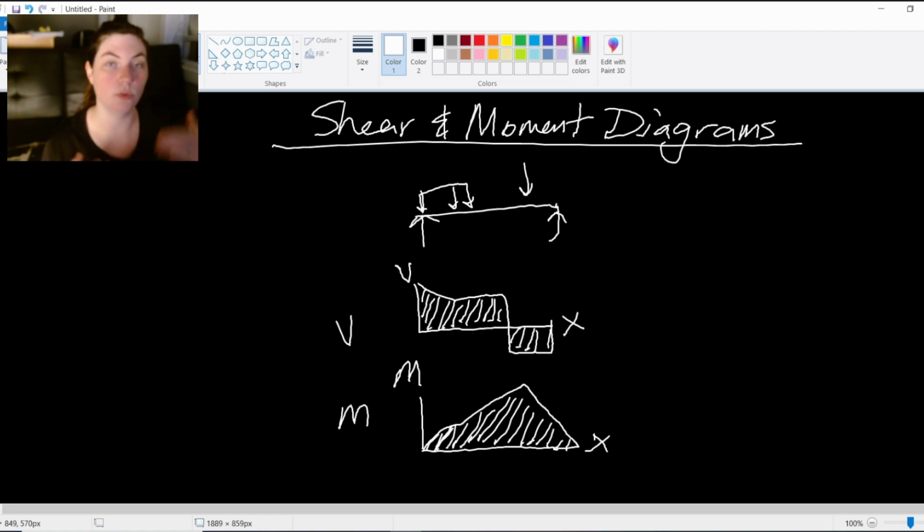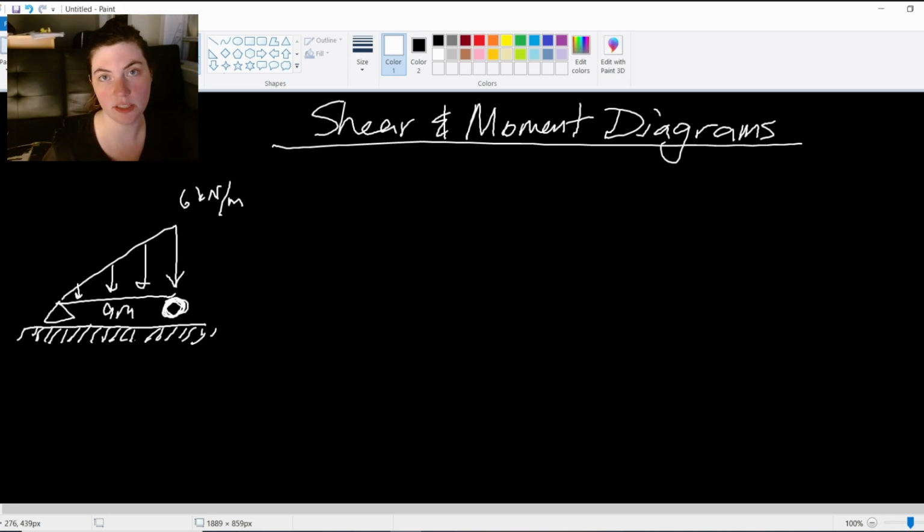So these can be really important when you're selecting beams, materials, and shapes. They all have different shear and moment diagrams depending on their loadings. And so we can use these to make the best possible determination for the application that we want to use this beam for. So we'll look at how to construct these diagrams because they can be really useful.